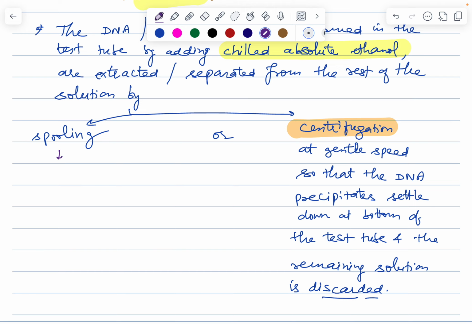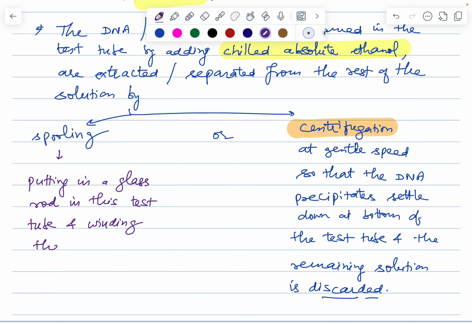Okay, spooling is putting in a glass rod in this test tube and rotating the test tube, winding the DNA fragments on the glass rod.